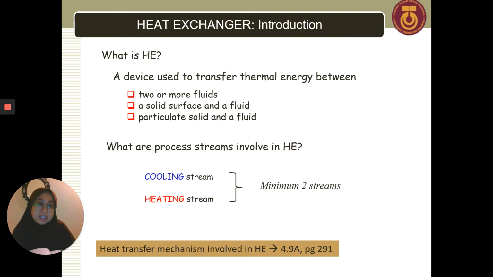And the next one, from the tube wall to the fluid in the shell, occurs via convection once again. You can read my explanation just now in your textbook.